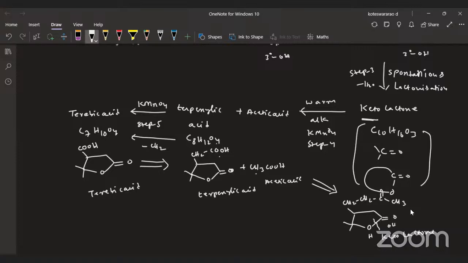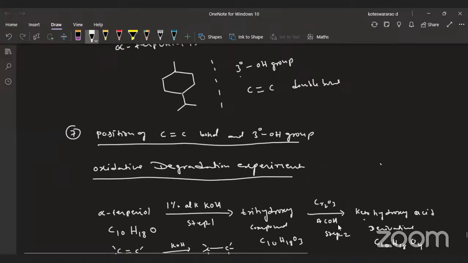The OH is adding here. Now it leads to generation of this ketohydroxy compound, COOH, CH3. You get it. Ketohydroxy acid. This is the keto group. This is the hydroxy group. This is the acid group.